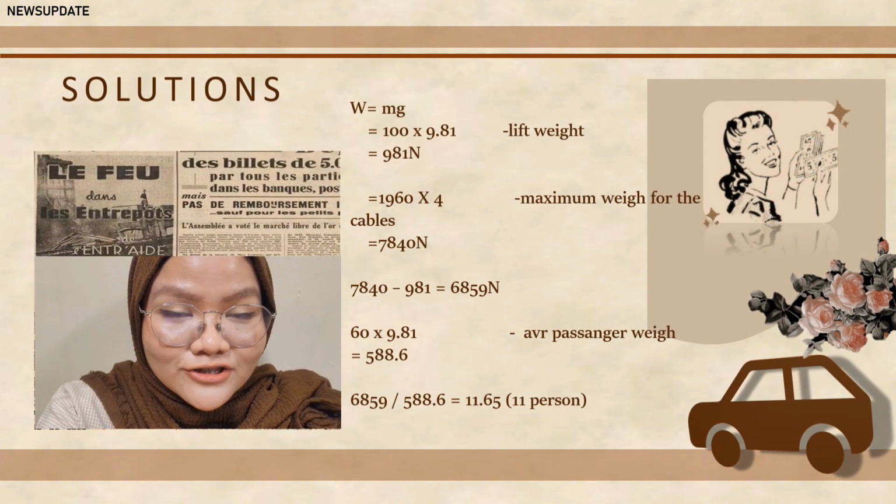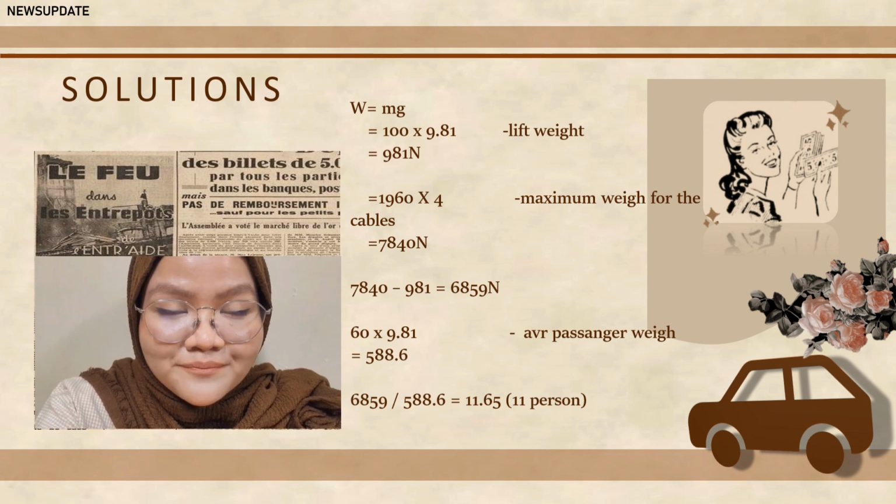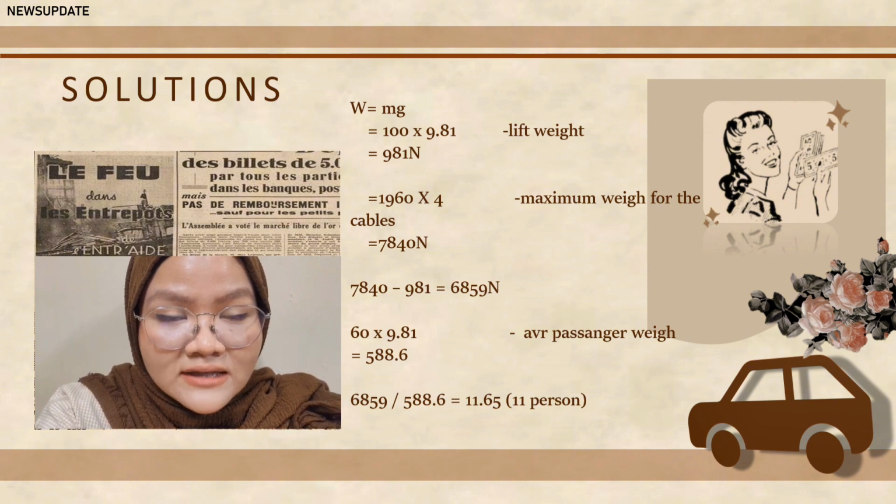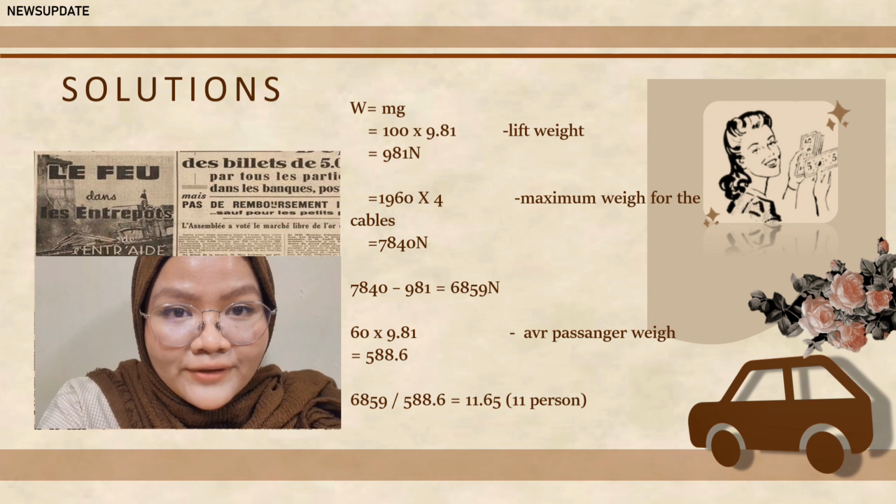Now, let's get to the solution. First, we will measure the weight of the lift. The formula for the weight is weight equals mass times gravity. So, the lift weight is 100 kg times gravity, which is 9.81, and then we will get 981 Newton.